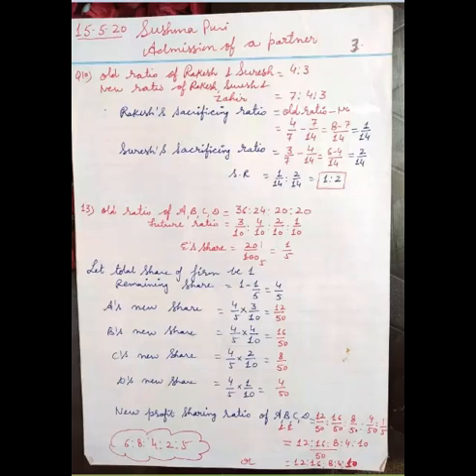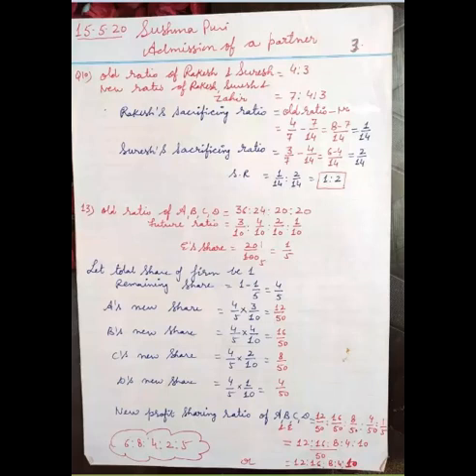So A's new share, 4/5 into 3/10, is equal to 12 upon 50. B's new share is 4/5 into 4 by 10, which is 16 upon 50. C's new share, 4/5 into 2 by 10, is 8 by 50. D's new share is 4/5 into 1 by 10, that is 4 upon 50.